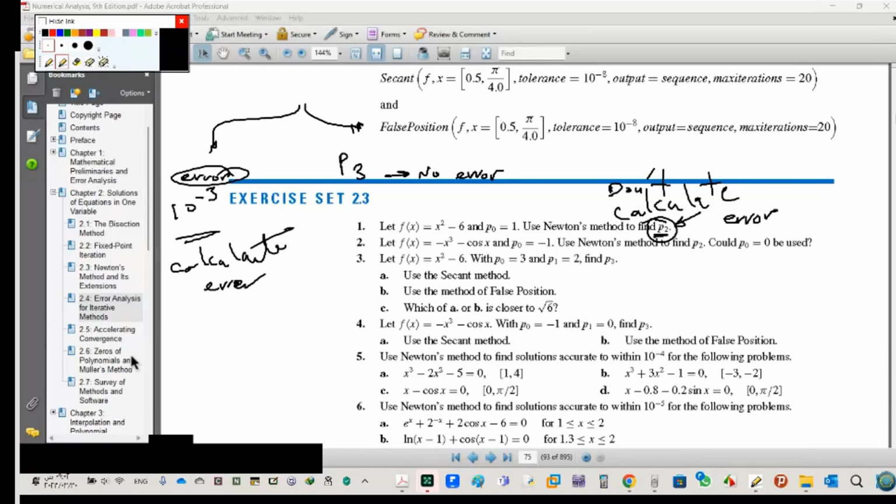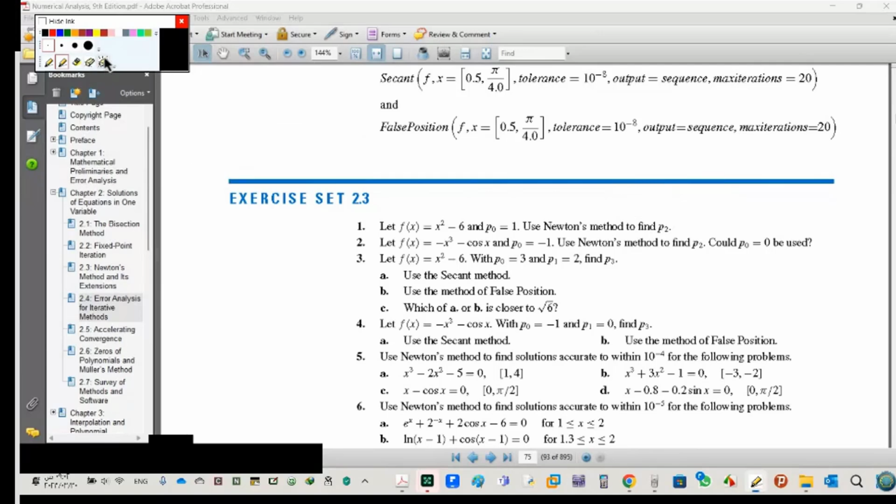Okay. Question number 3, for example. Let f(x) equal square x minus 6 with b0 3 and b1, to find b3 based on here using the secant method. So in question number 3, as you see here, he gives me 2 points, b0 and b1.